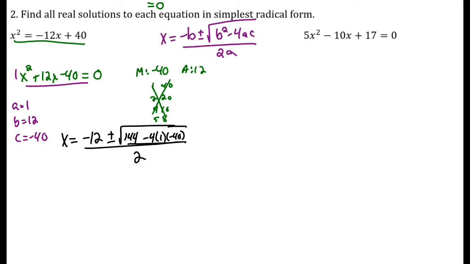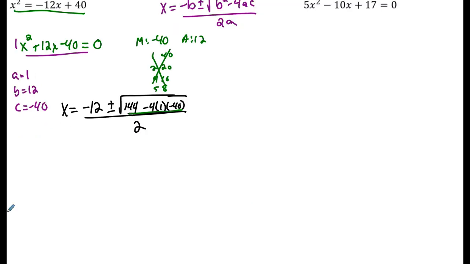You type in what's under the radical here. You type that into your calculator. So I get, typing in the discriminant there, x equals negative 12 plus or minus the square root of 304 all over 2. So I'm going to end up with irrational answers here because 304 is not a perfect square. And now I need to figure out how do I simplify this radical.